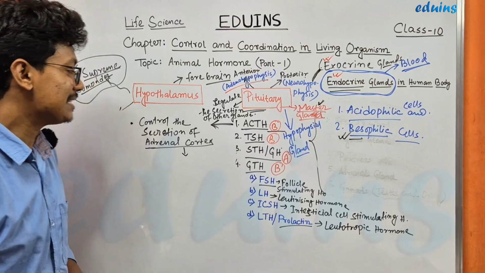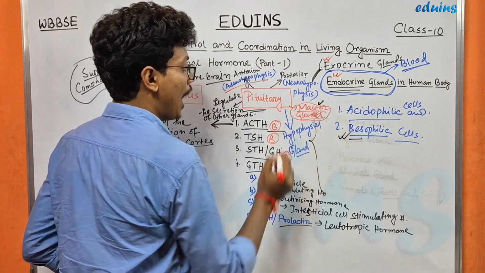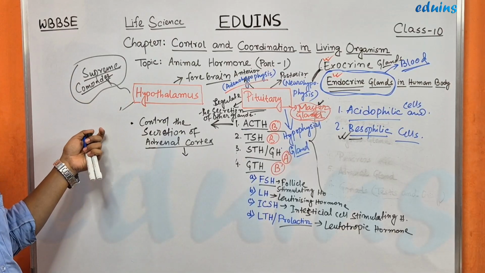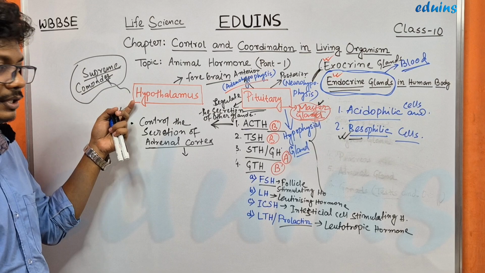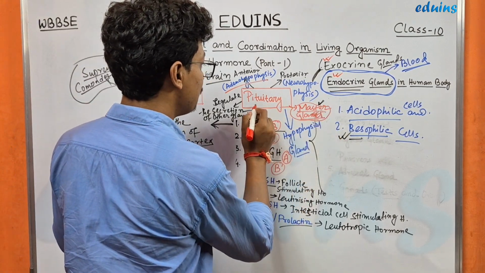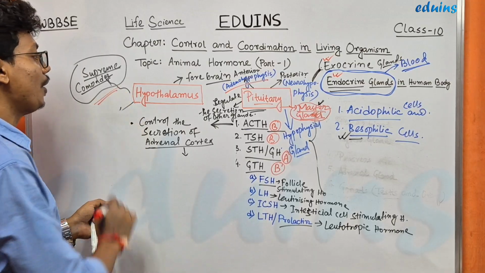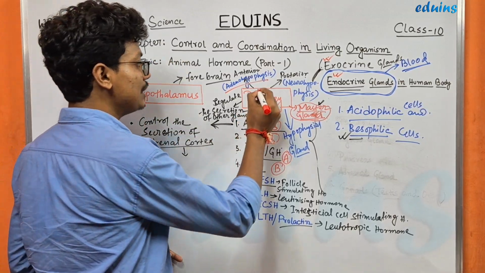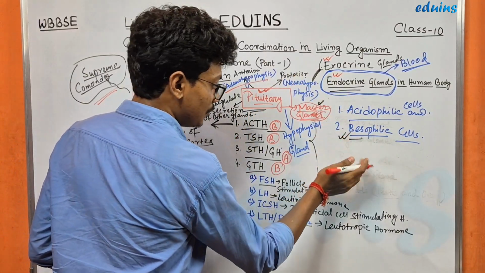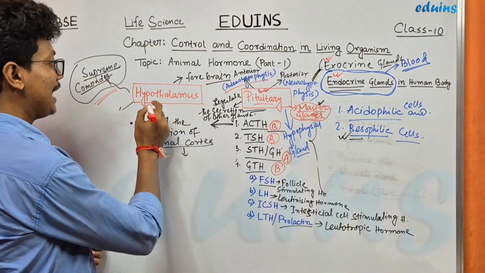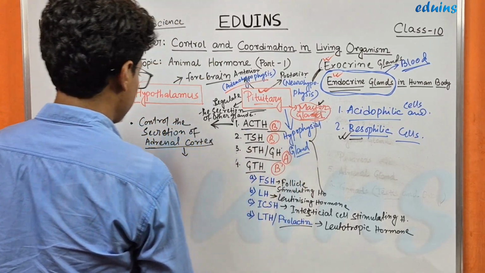This is a confusing thing, that is, which is the master gland and which is the super commander gland or super master gland. Super master gland is the hypothalamus and master gland is the pituitary, because the hypothalamus regulates all the secretion of the other endocrine glands including pituitary, but the pituitary gland regulates the other endocrine glands except hypothalamus. That's why this is known as master gland.